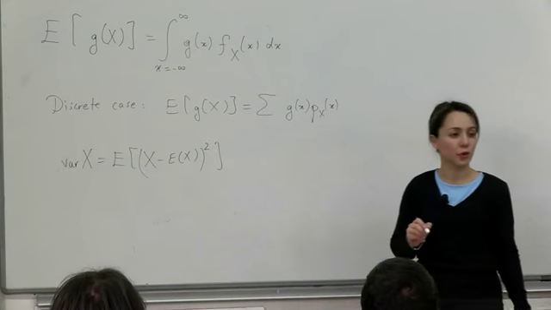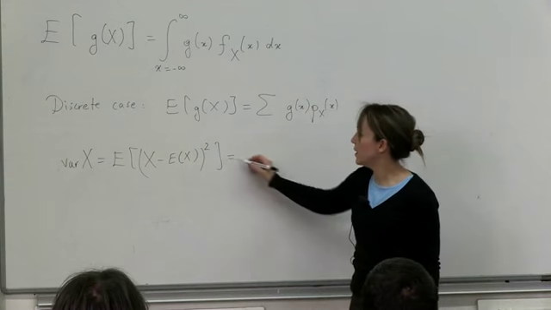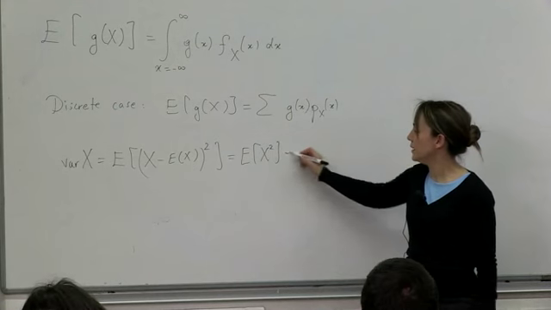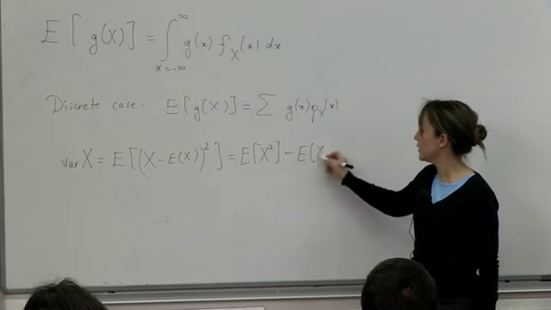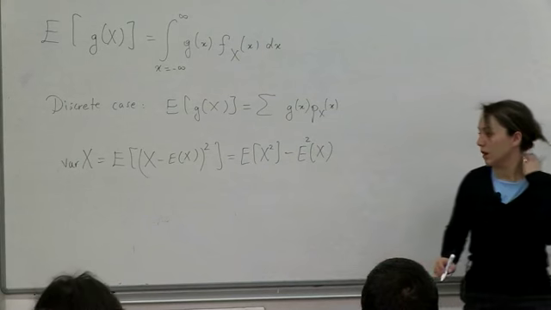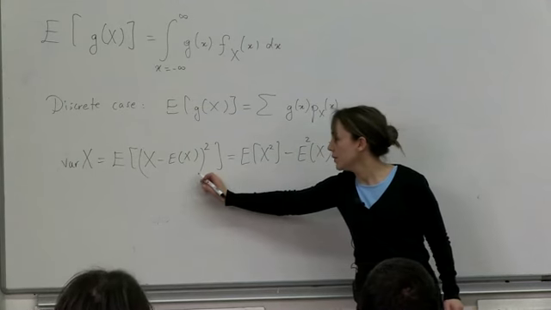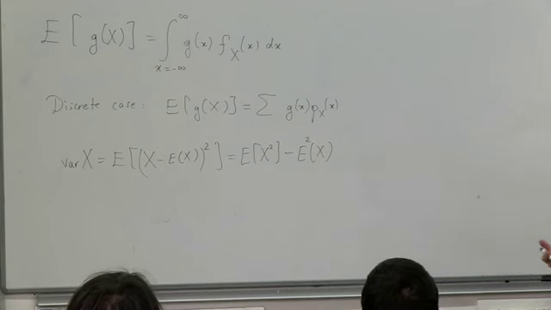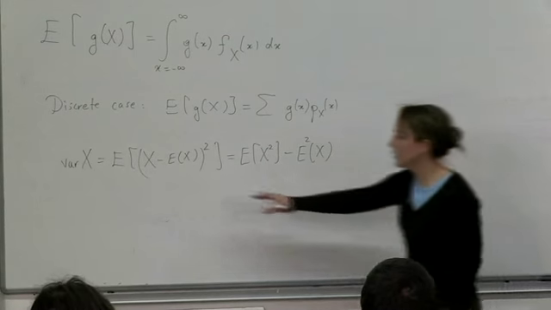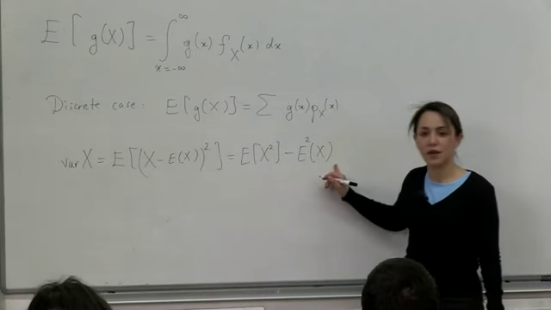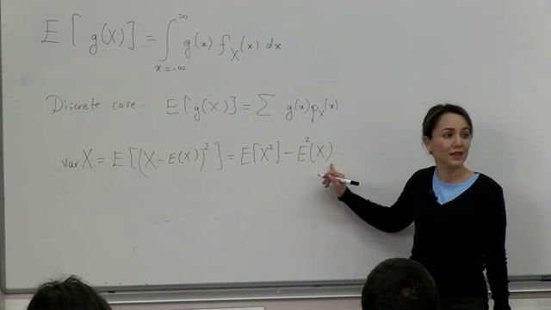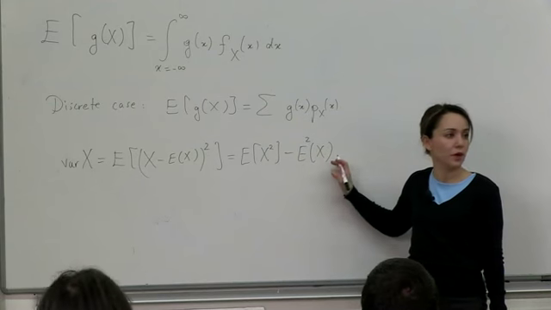In other words, the expected value of X squared minus (E[X]) squared. When going from here to here, I actually use linearity. This is a definition, and by linearity, I am able to show that it's identical to this one.